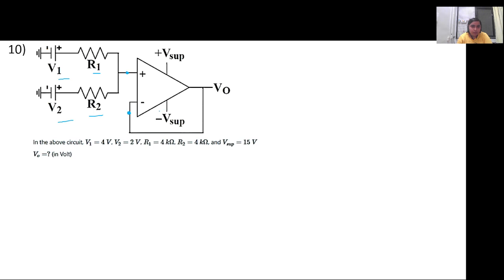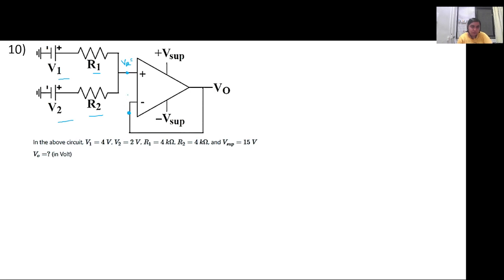So you will have to calculate V naught. What will be the voltage at this point, VA? What will be VA? Just apply the ideal op-amp condition.